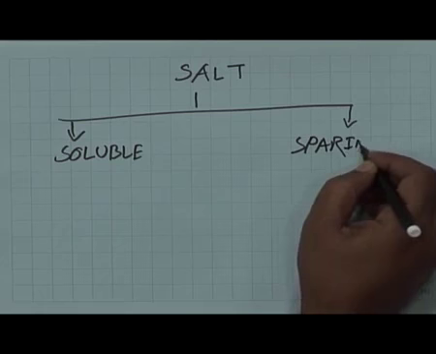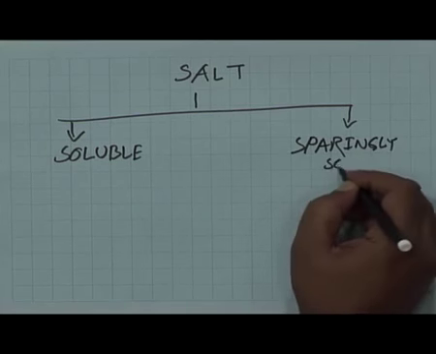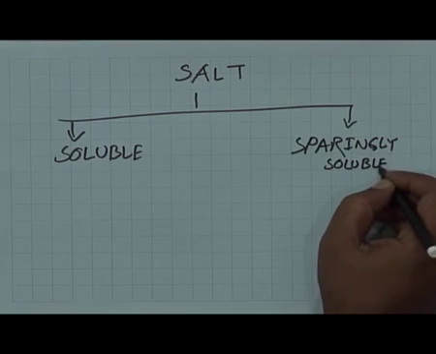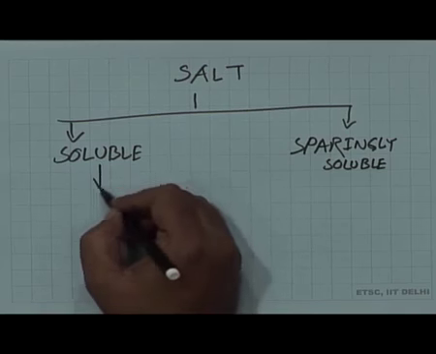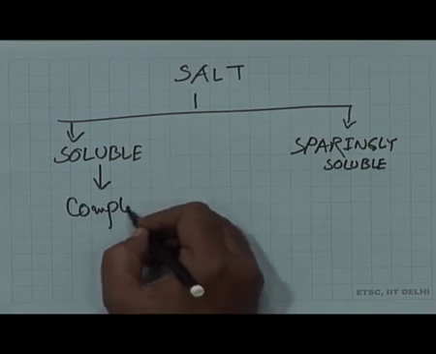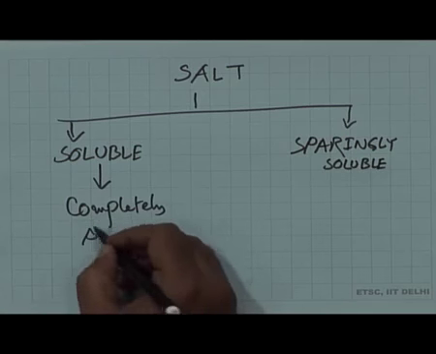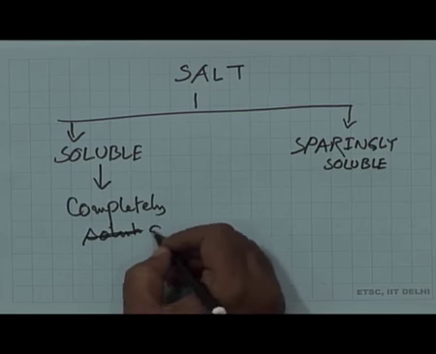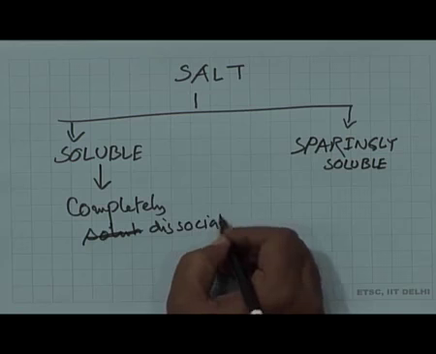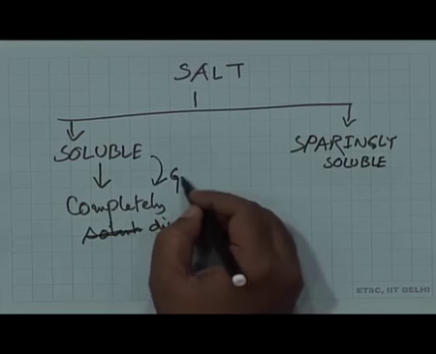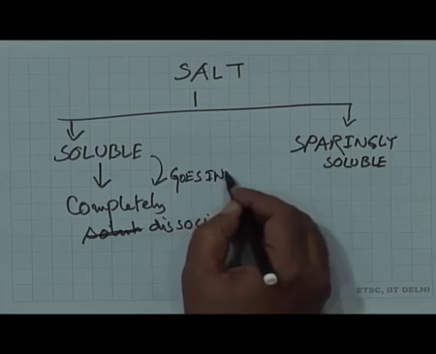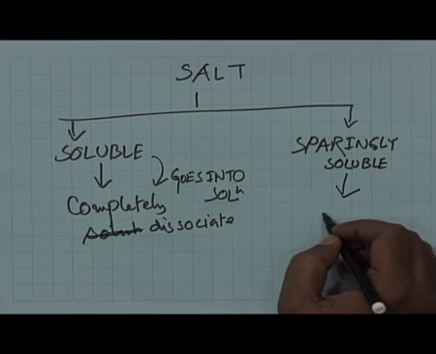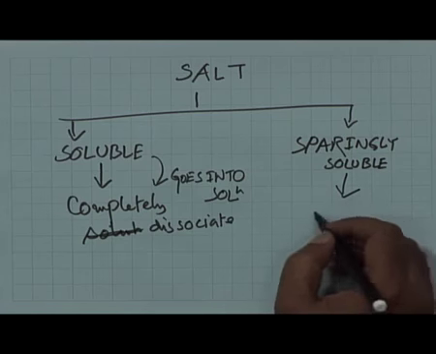Soluble salt will completely dissociate in the solution, completely go into solution, whereas sparingly soluble, a small amount goes into solution and then dissociates.